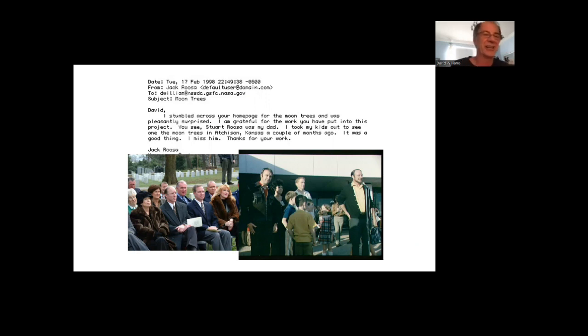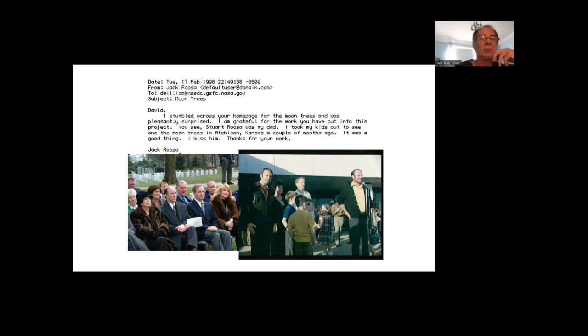I was very excited. I was actually hearing from Jack, from Stuart Roosa's son, Jack, and I just thought, that was amazing to me. I since then have been in touch with the family. So here's a picture of, well, on the right is a picture of Stuart Roosa sort of in the center, and those are his kids, his four children, three sons and a daughter.